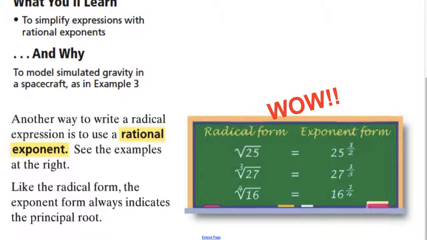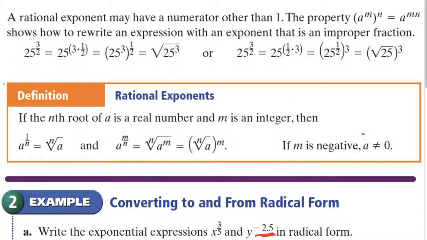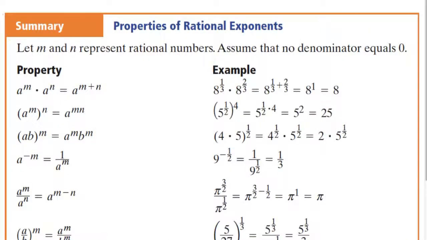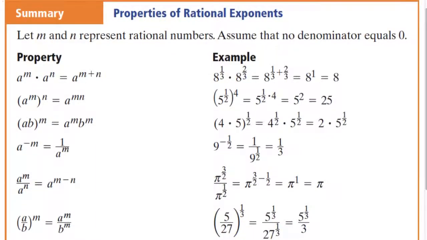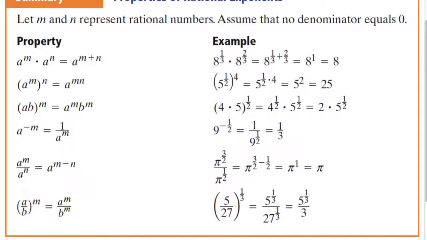All right, let's take a look at the property box that we have with this particular section. What's nice about this is they do have all of the rational exponent properties listed on the left, and then they have the numeric examples on the right so that you can apply those or see how they're applied.